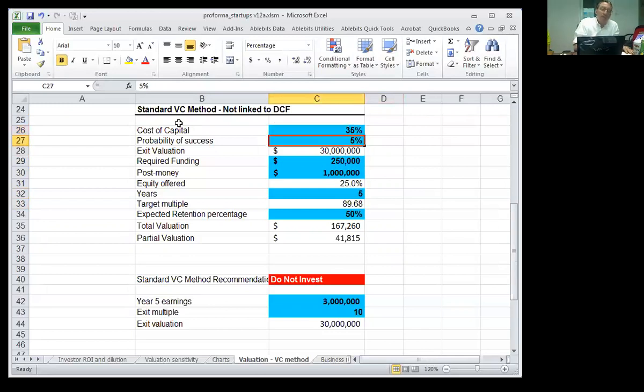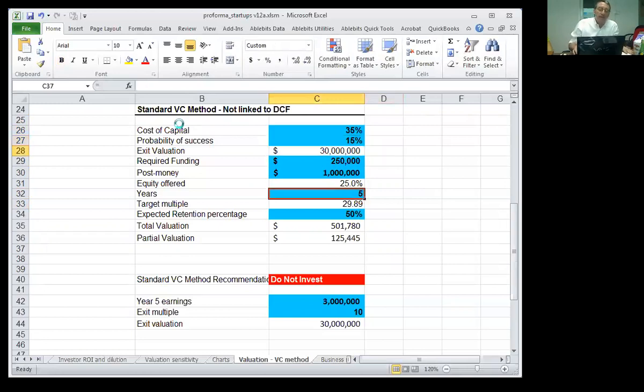But I'm okay for you to use the model with 30 as a target multiple, which gives us something like a 15% chance of success, which is pretty high, but okay.